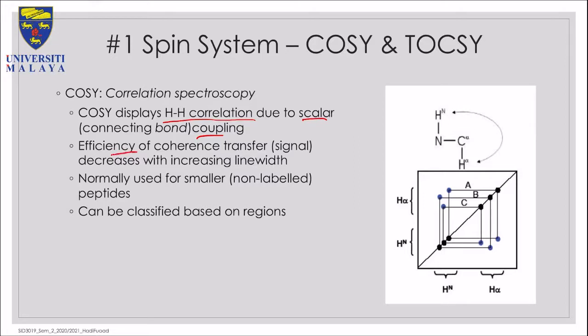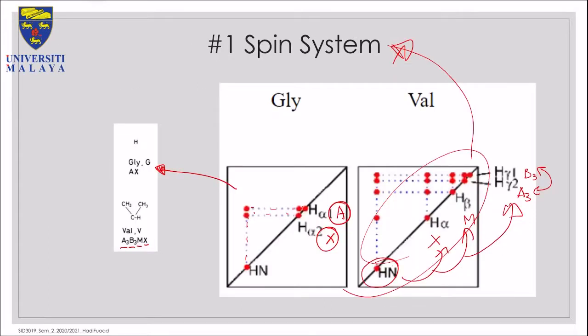So its efficiency of coherence transfer decreases with increasing line width. So as the bonds or the connectivity get further and further, the signal transfer decreases. Therefore, if you look at the scalar coupling between the NH group and the furthest away, the peak over here will be quite small, but you can still see it.